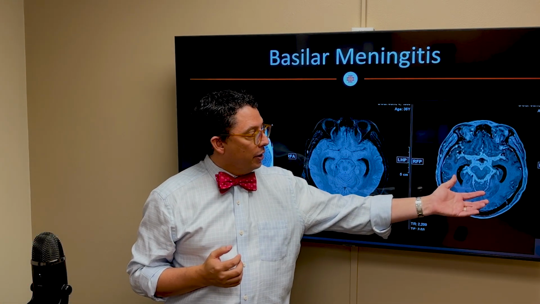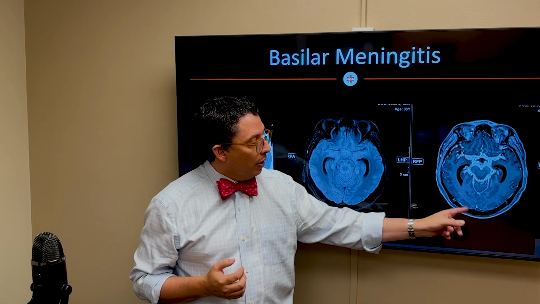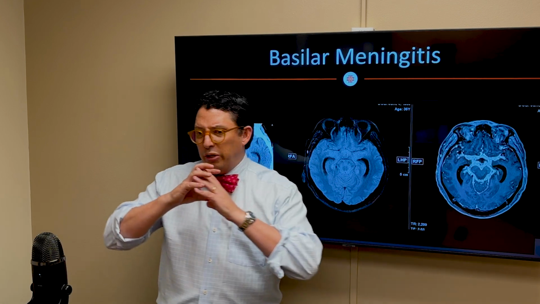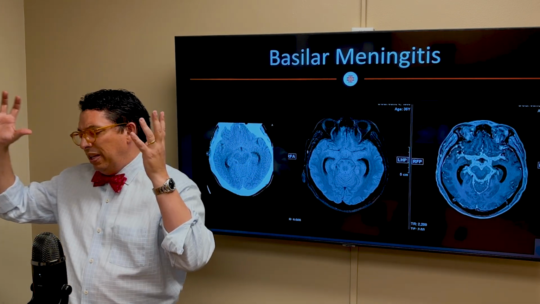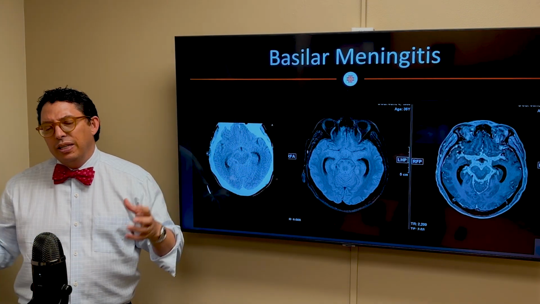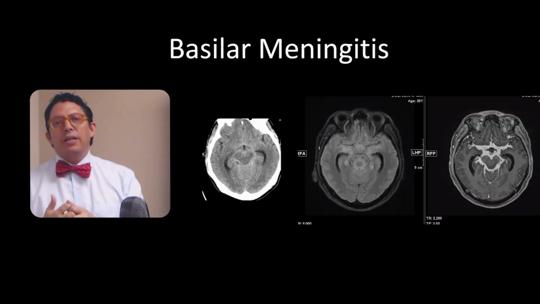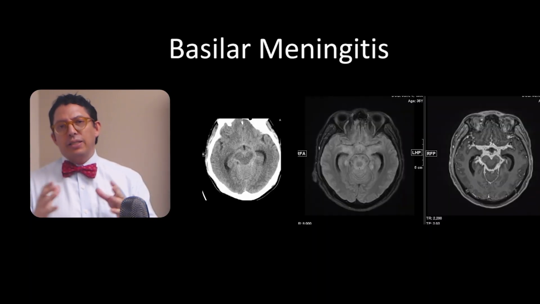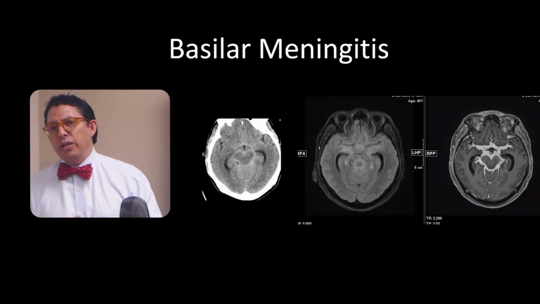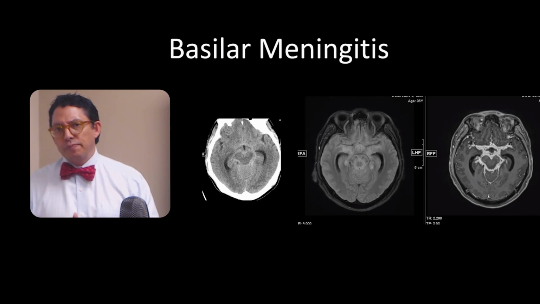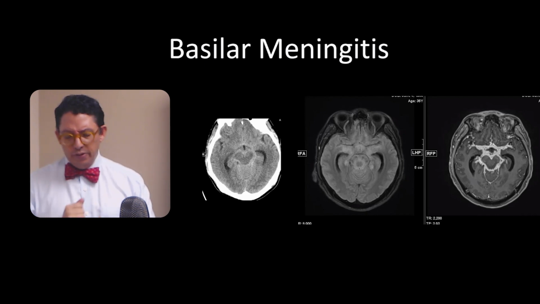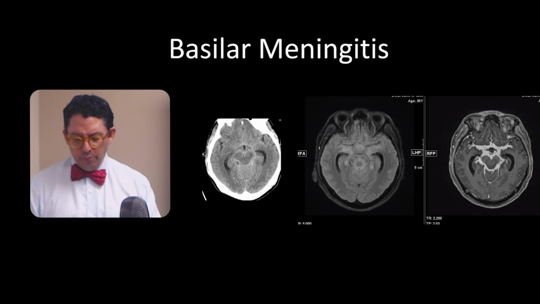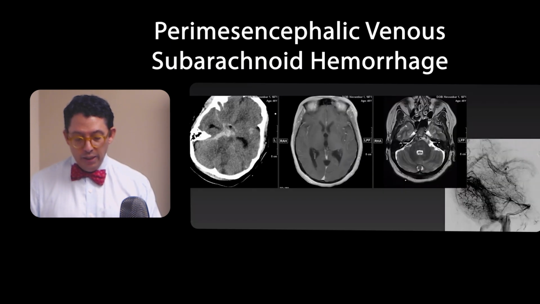When you put contrast, and this is an MRI T1 with contrast, all the basal cisterns are just exploding in enhancement. This is a granulomatous process. That's a bacillus meningitis, and this is typical of this case, which is a tuberculosis. They tend to give you these things that can be confused with subarachnoid hemorrhage.